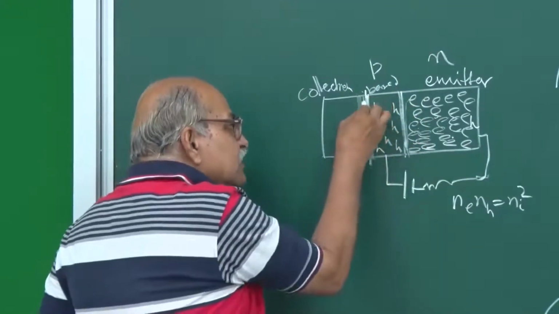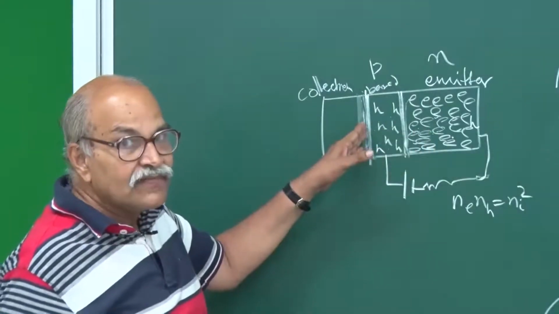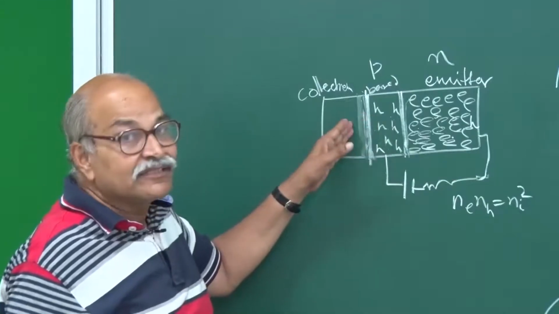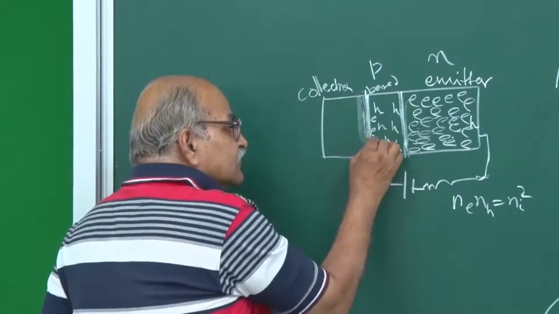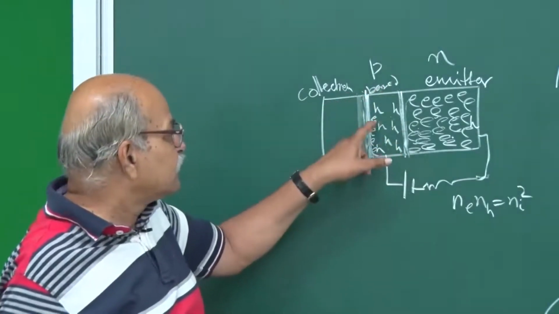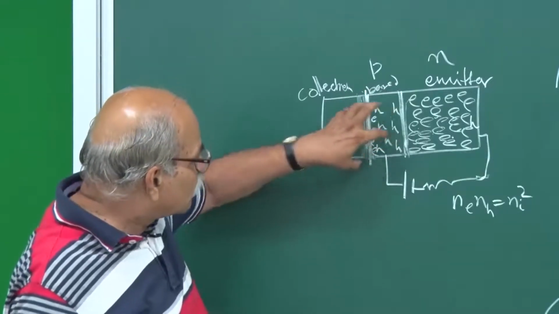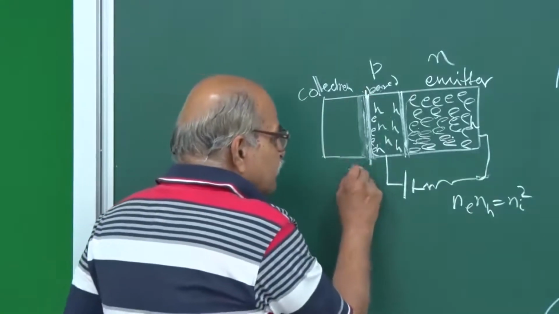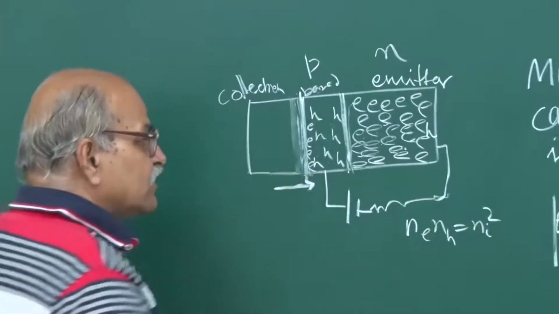Once they reach this depletion region here, what kind of biasing is here? This is reverse biasing. And these electrons are minority carriers. For this PN junction, electrons are minority carriers, and the electric field is there to draw these electrons. Your electric field in reverse bias is like this, so the direction of current is like this.